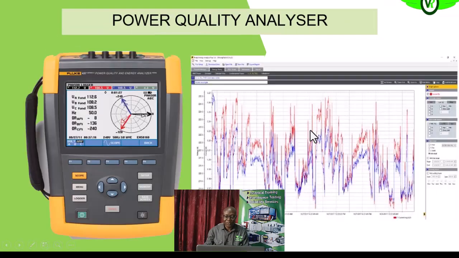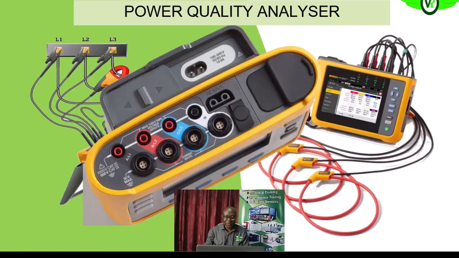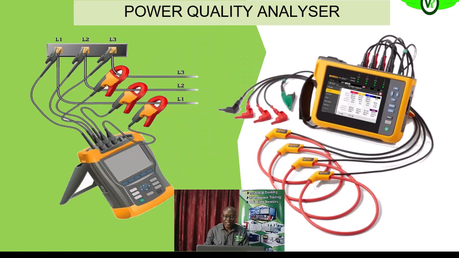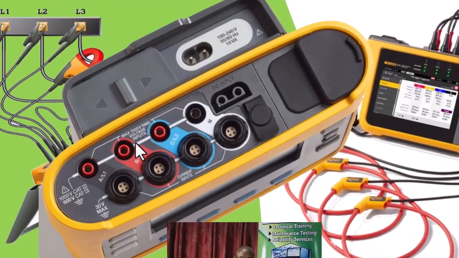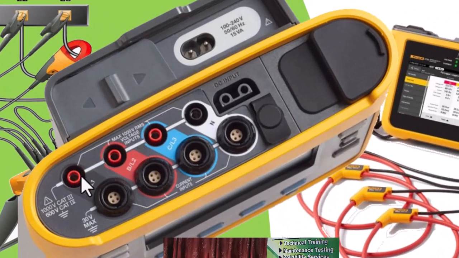That is what you are seeing on your screen now. These are the current inputs, as you can see here, and these are the potential inputs, line 1, line 2, line 3, then neutral, as you can see.